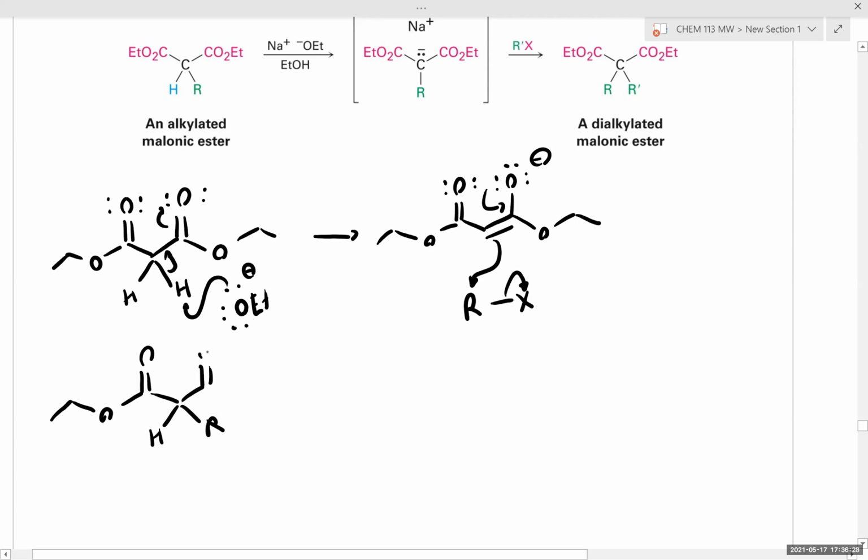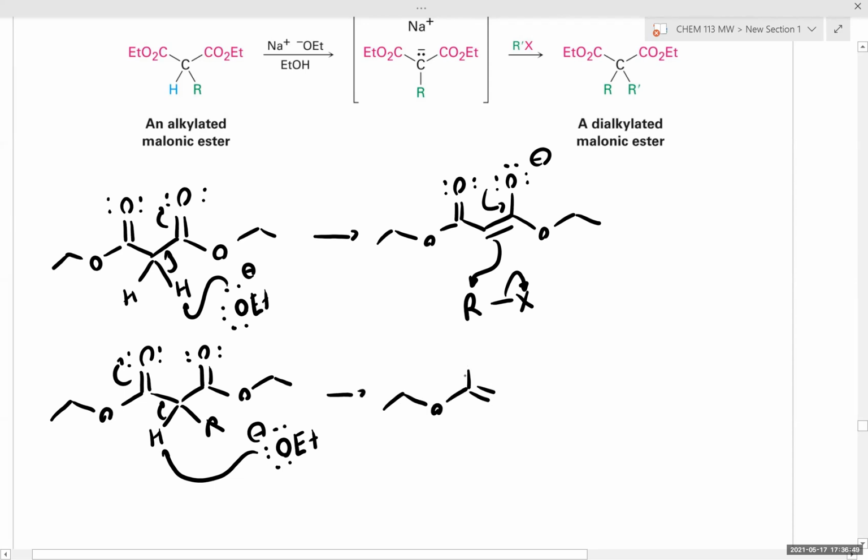From here, we can isolate this monoalkylation product, or we can take this alkylation product and treat it with another equivalent of ethoxide to generate a new enolate.